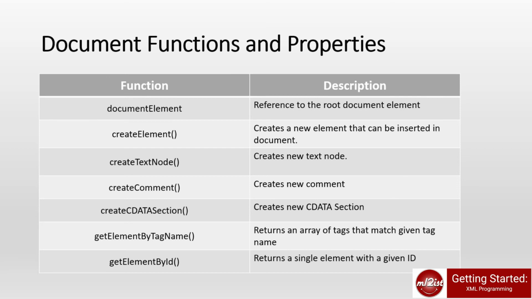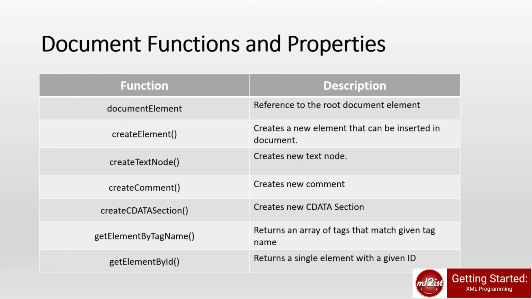There are also properties for doing things like accessing and creating document content. For example, the documentElement refers to the root document element. There are create functions like createElement, createTextNode, and so on that allow you to create new nodes of the relevant type. There are also functions for accessing nodes in the document.